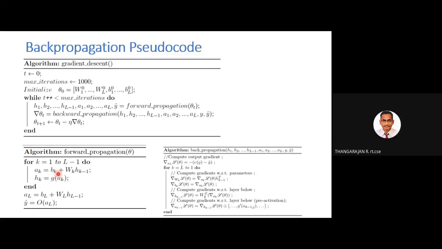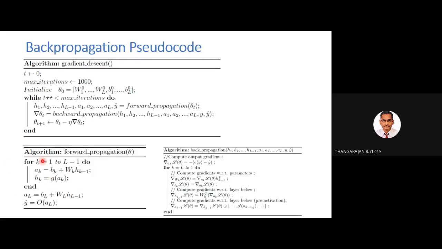A of k is equal to B of k, the bias at level k, plus W of k, the weight at level k, times H of k minus 1, the activation of the previous hidden layer. And H of k is just the function of A of k: whatever activation function you are using, you apply that function to A of k to find H of k.